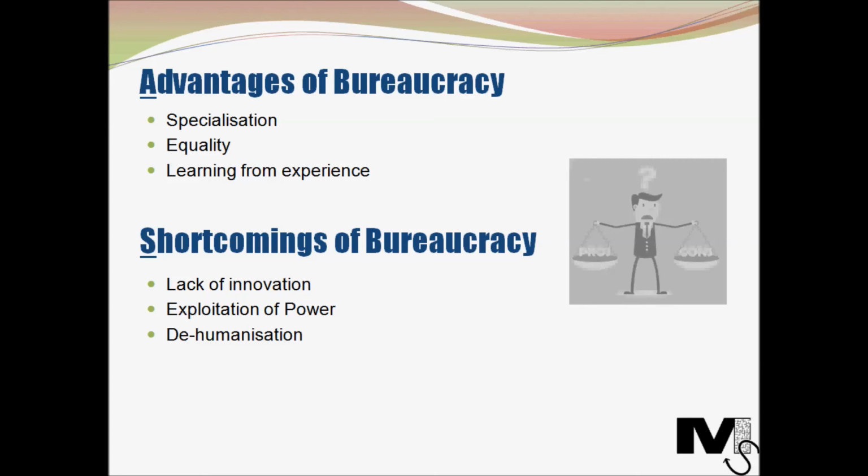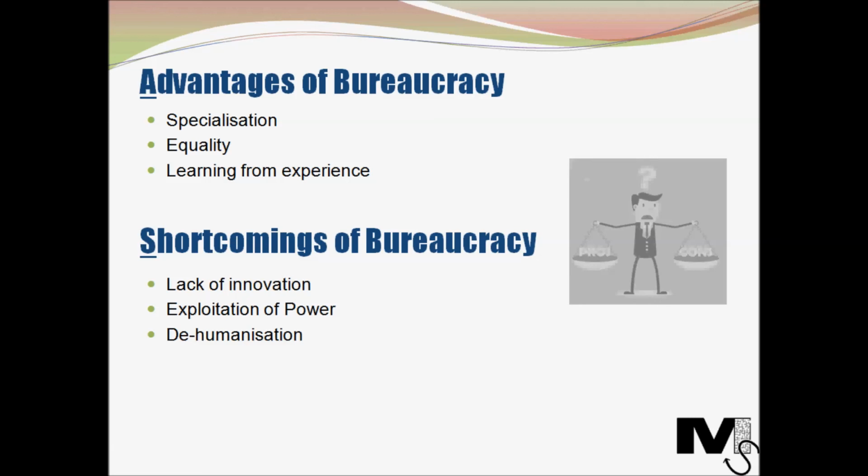Exploitation of power. Now, this is quite important. The top-level management in a bureaucracy had all the power in terms of managing rules and regulations. It was therefore possible for management to actually misuse this power. In an ideal bureaucracy, they shouldn't, but in real life, it tended to happen. Dehumanization, extremely important.